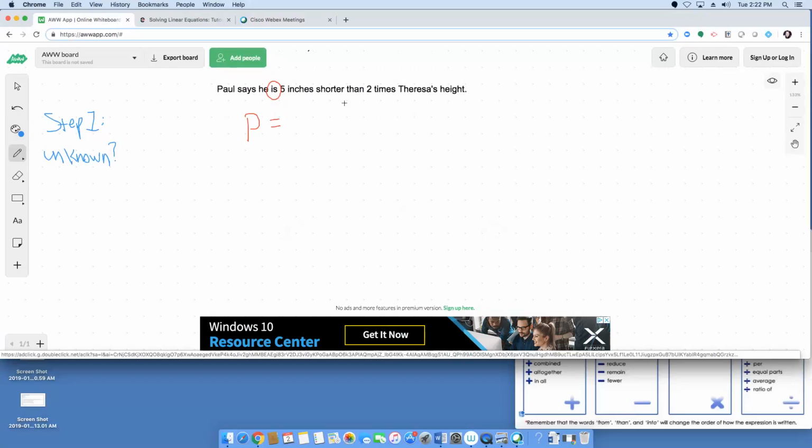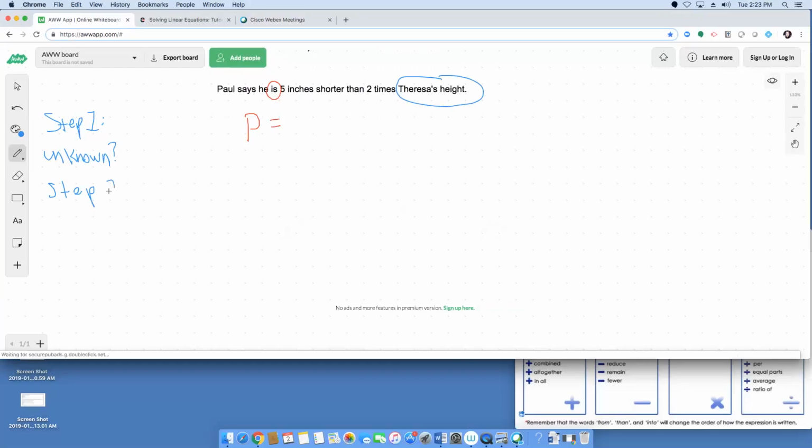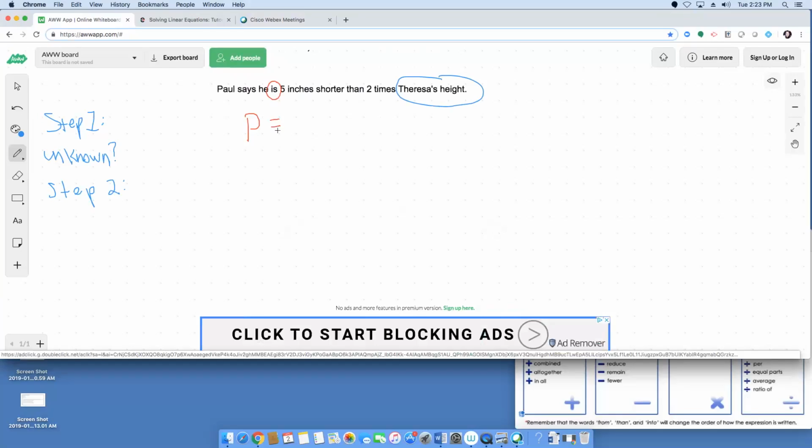Paul says he is 5 inches shorter than 2 times Teresa's height. Well, Teresa's height, I would say, is the unknown right here. Teresa, what we're talking about, Teresa's height. And we could give it a label. We'll just say T. Teresa's T.